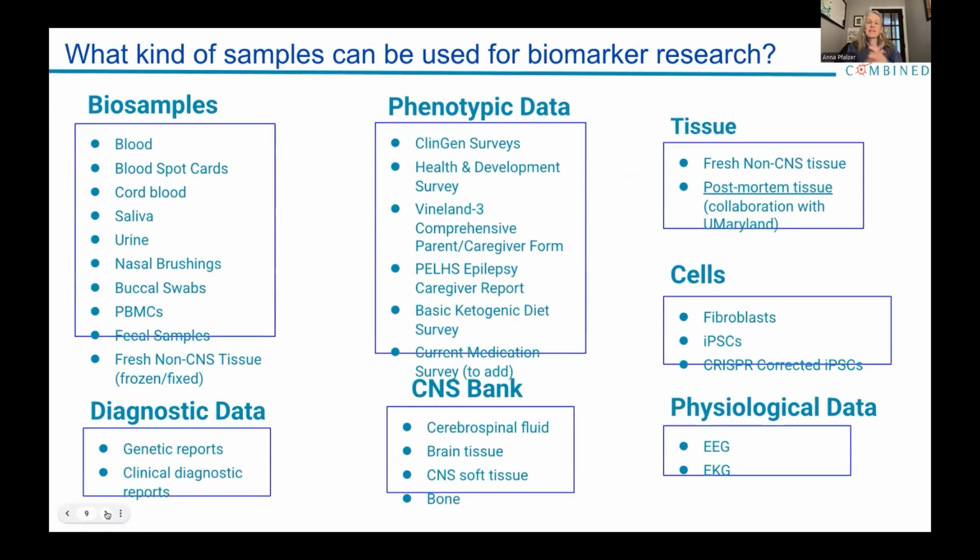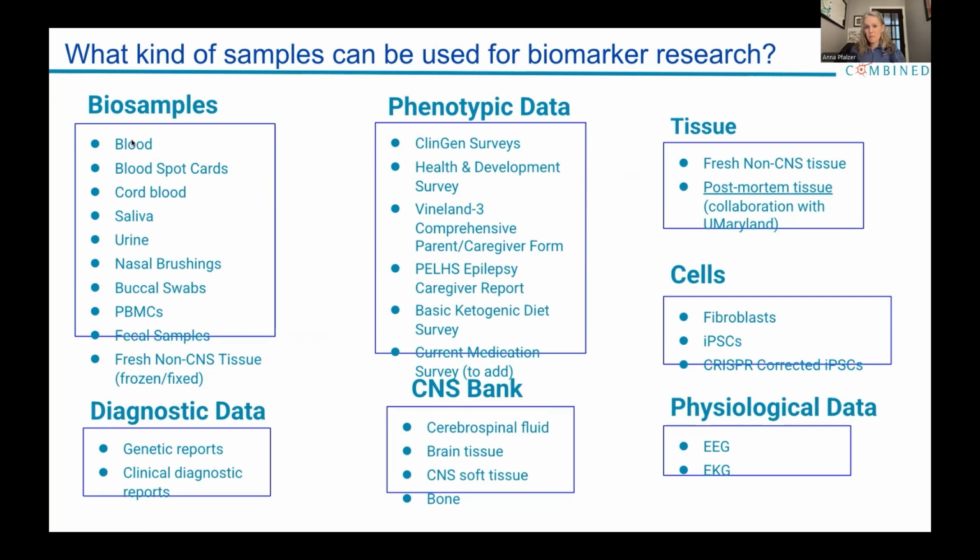Okay. All right. So what kinds of samples can be used for biomarker research? I apologize, my formatting is a little bit wonky, but that's okay. Everyone can still see. There's a variety of different sample types that people have used and have seen biomarkers in. Here is a really broad, long list of potential biological samples that people have previously used to look at biomarkers.